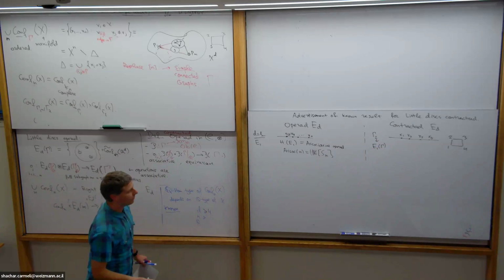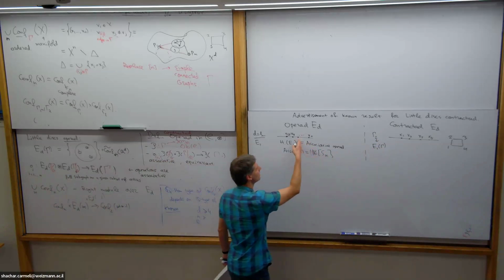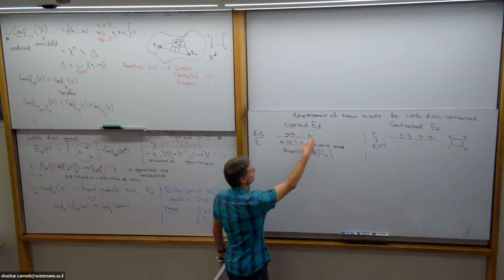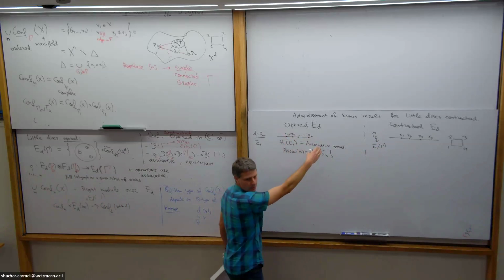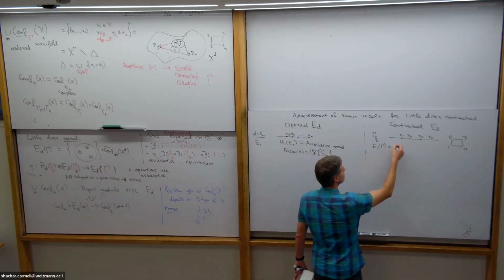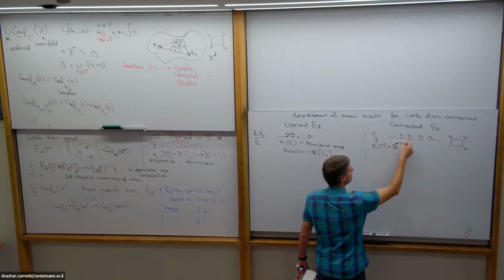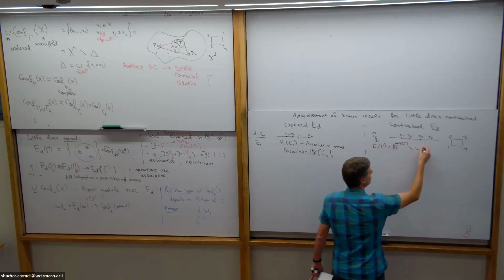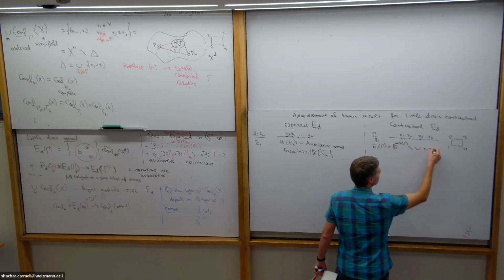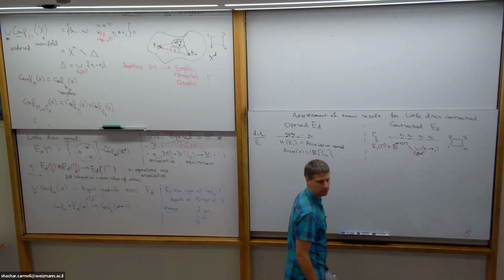Now E1 of gamma, it's also the same as here. This is the union of contractible spaces, union of subspaces in R to the number of vertices of gamma, where you take all x_i equal to x_j for ij an edge in your graph.